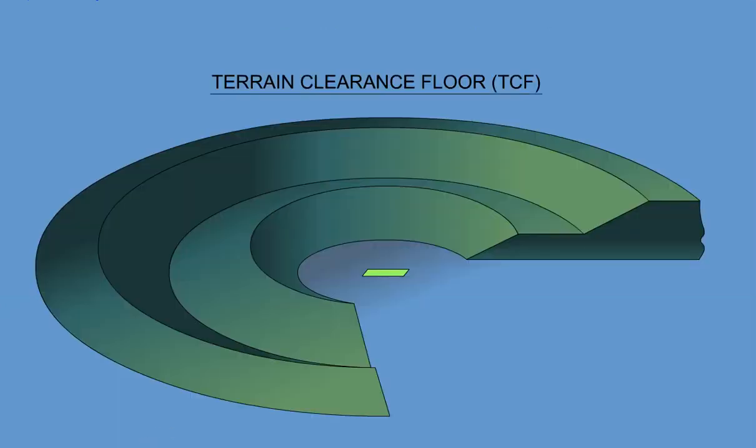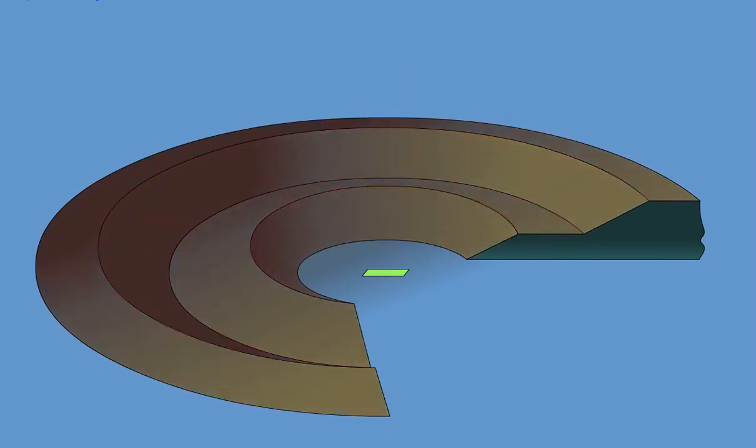The Terrain Clearance Floor, TCF, provides a circular terrain clearance envelope around the airport runway, alerting the pilot of a possible premature descent for non-precision approaches regardless of the airplane's configuration.